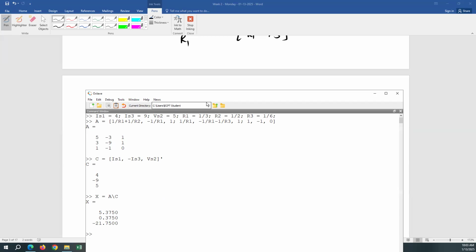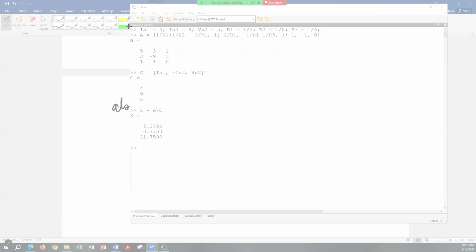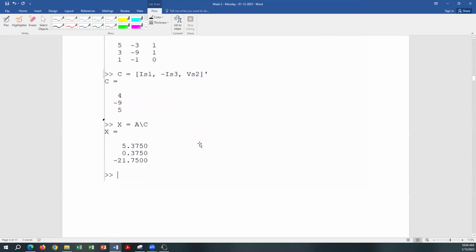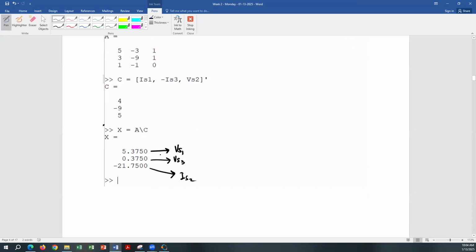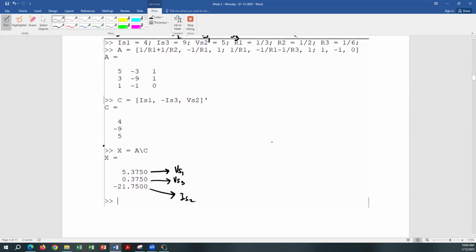Let's go ahead and put this so everyone knows that this is what we are doing. These are the three unknowns. So far, if you have any question, please go ahead and ask.